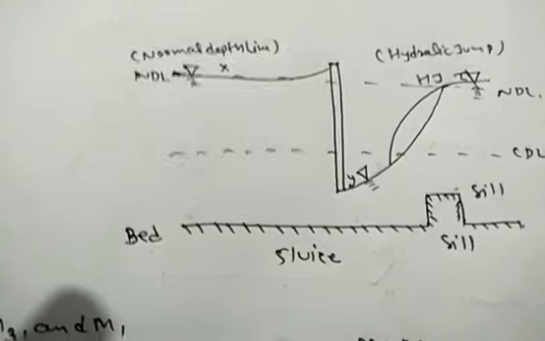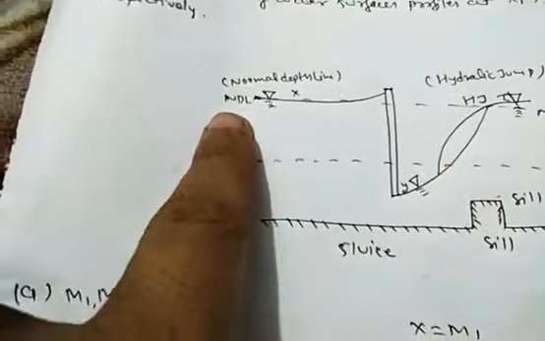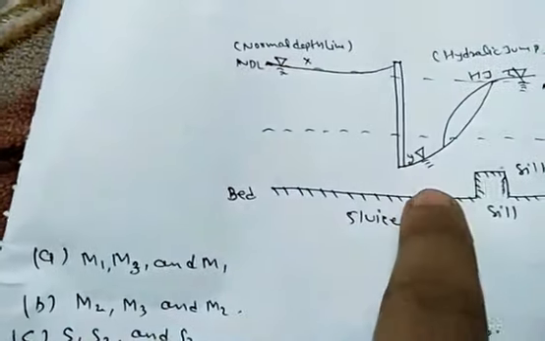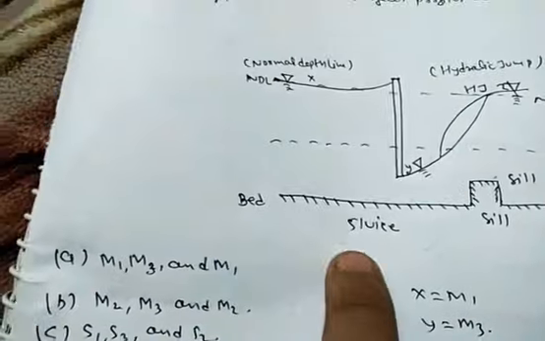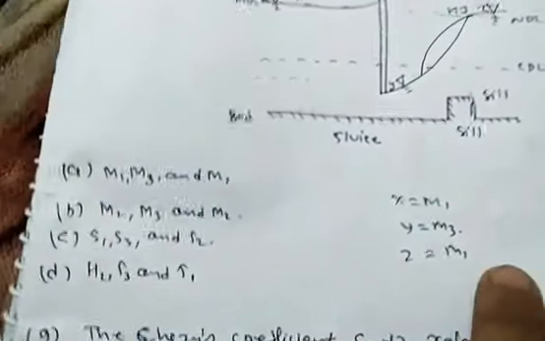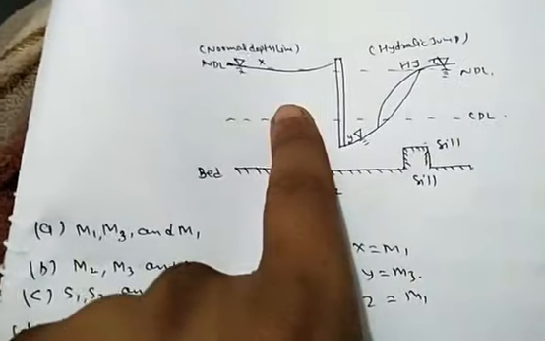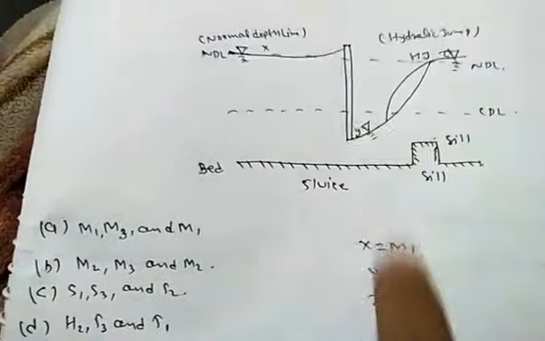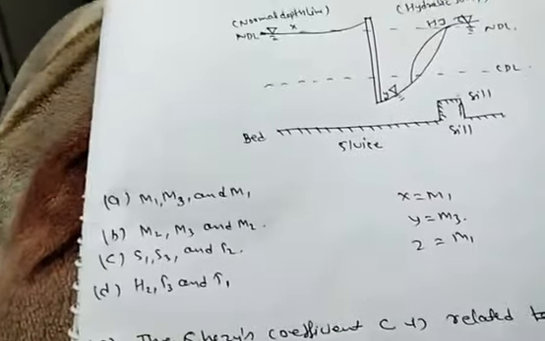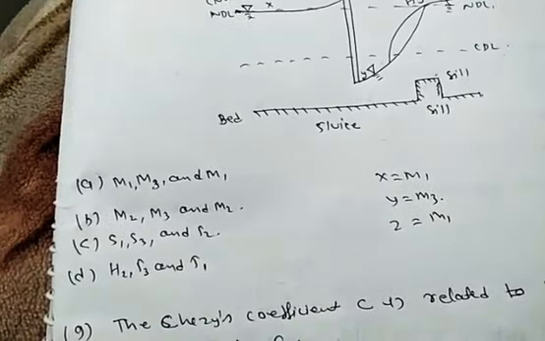In this question, this diagram shows the profile of X, Y, Z. Options A, B, C. X equal to M1, Y equal to M3 and Z equal to M1. Solve this question. Option A is correct.